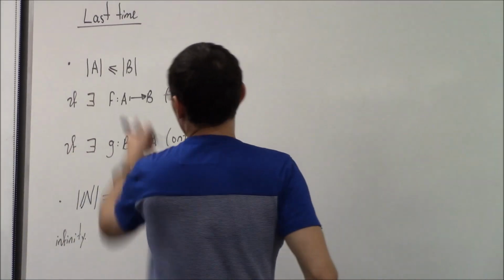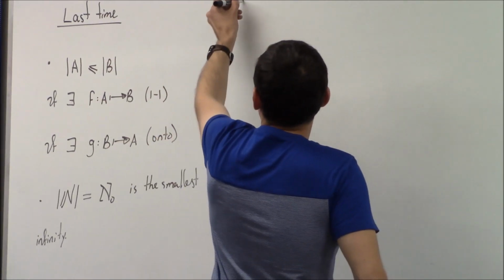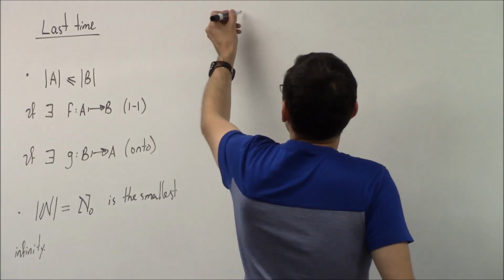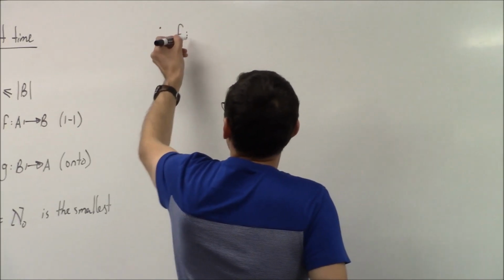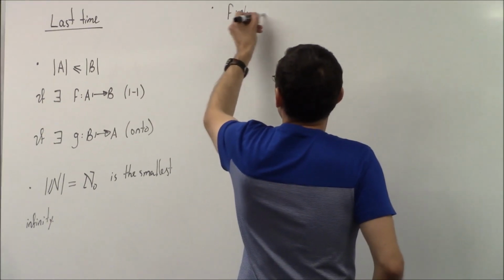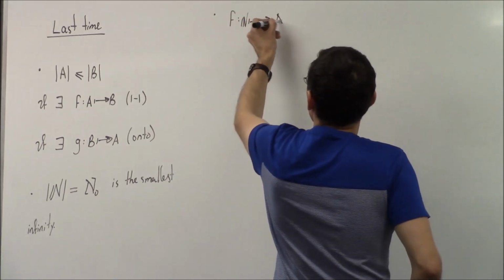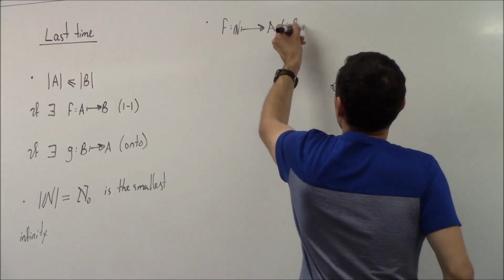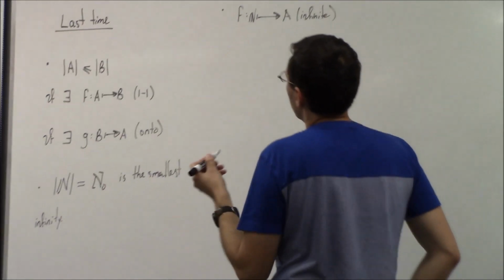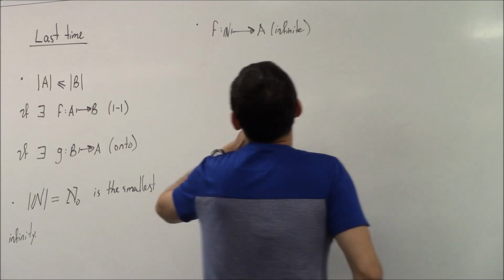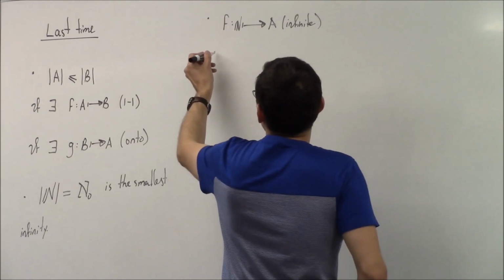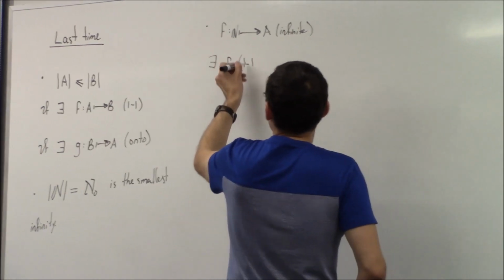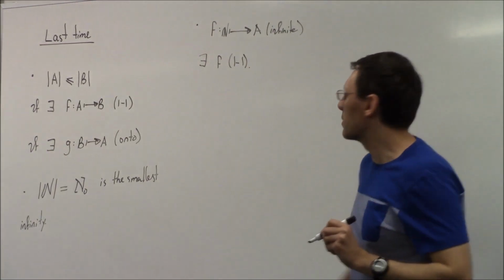And by that, what I mean in terms of this discussion is that there will always exist an f from the natural numbers to A, where A is an infinite set, that is one-to-one. Okay, so we always have this.